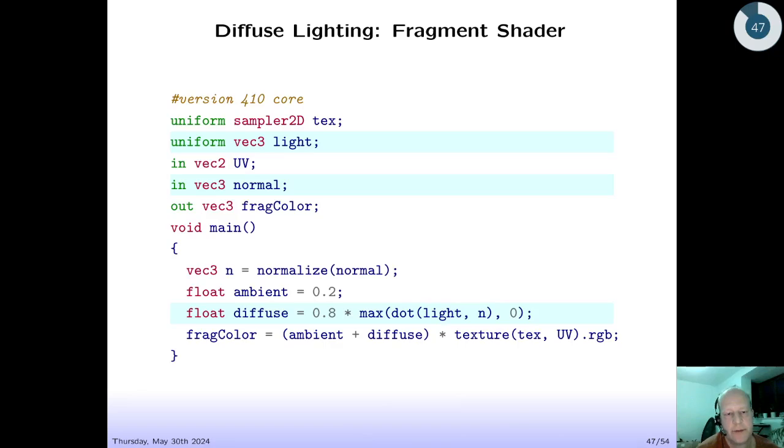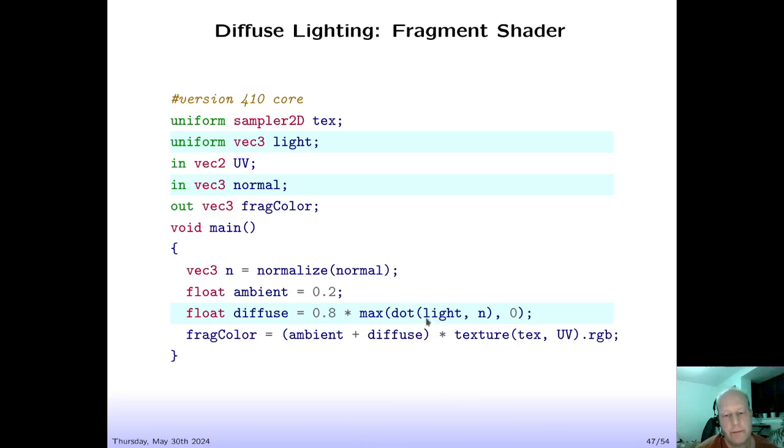And in the fragment shader, we take in a uniform light vector, which is the direction to the light source. We take the normal vector input, and we normalize the normal vector because it's not going to be length 1 normally.